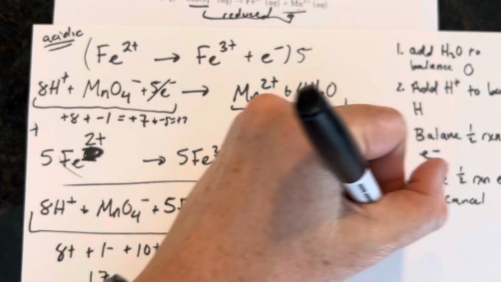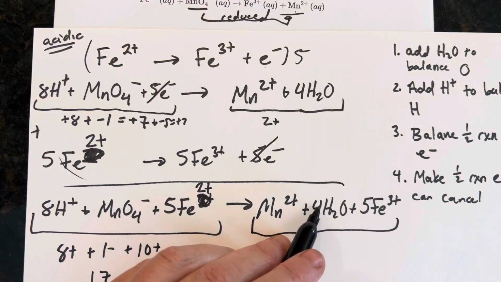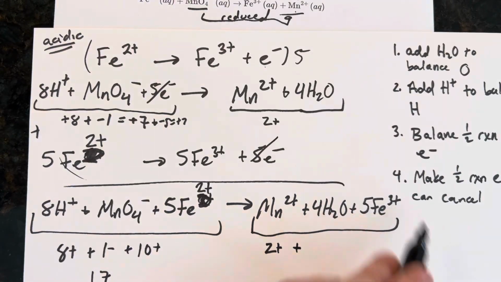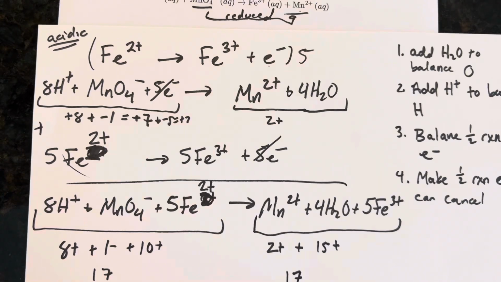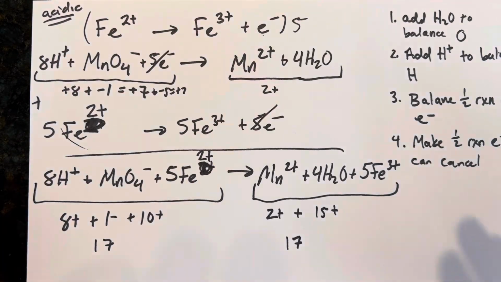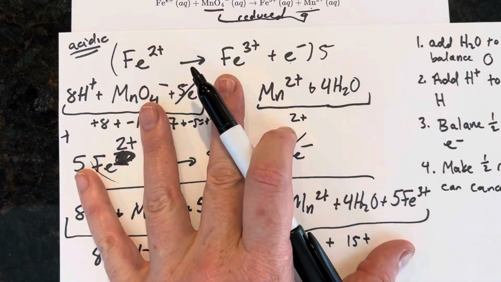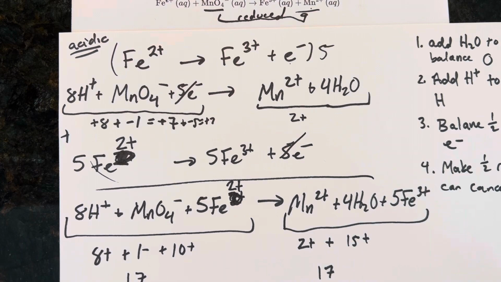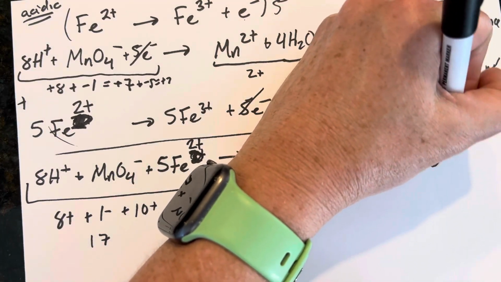Over on this side, I've got 2 positive from the manganese, plus 0, plus 5 times 3 is 15 positive, also for a total of 17. So we're good, it's looking balanced. Hopefully we feel good about that one. That's the acidic conditions. So step 5, by the way, was add up.